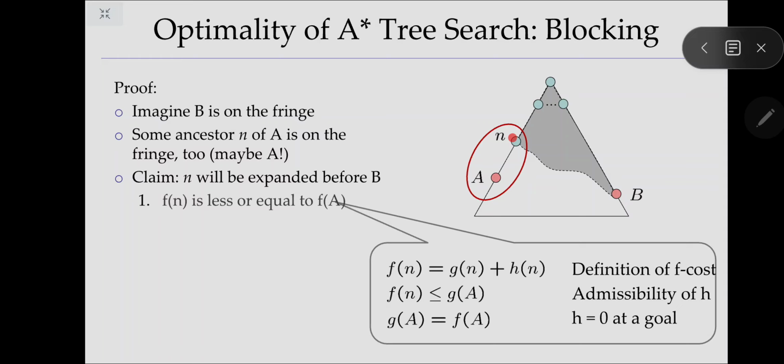Now we analyze the different behavior between N, A, and B.